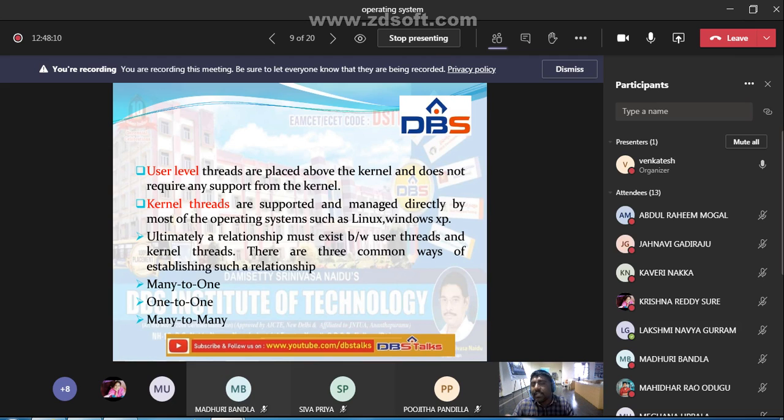That means the user level thread is different, and the kernel level thread is different. Whereas kernel level threads are supported and managed by the operating system, because we have the kernel thread first and then the user threads.